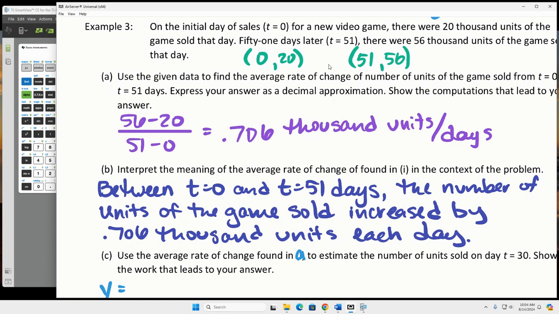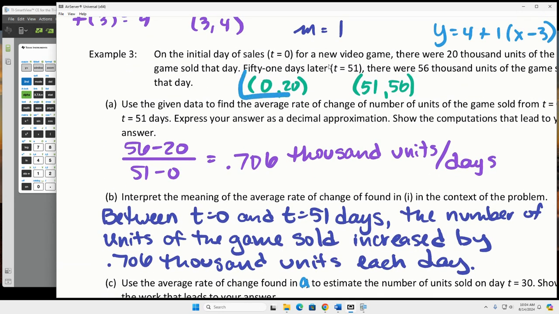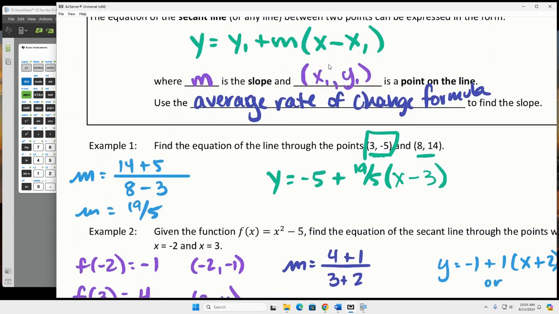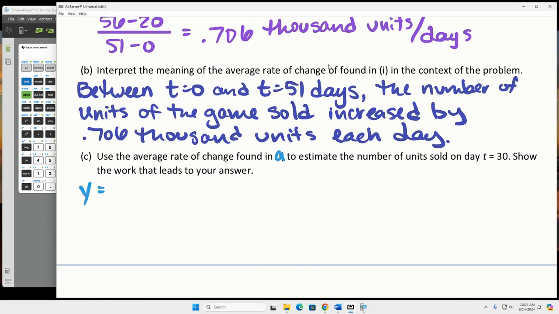All right, and then we get to choose the points. Which point do you think would be easiest to use? The one that has 0. All right, Davis, here we go. Here's our secant line. We're going to use this point. What number are we going to write after the equal sign? This is our formula. 20, yep. So it's going to be 20.